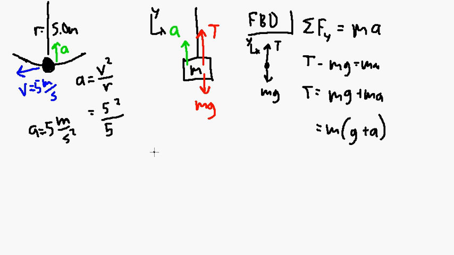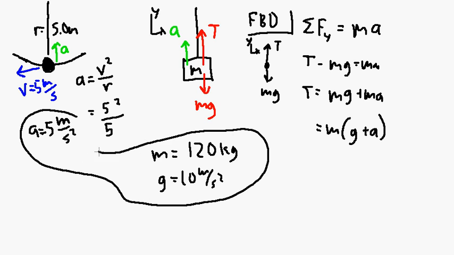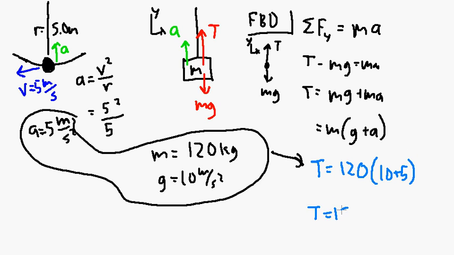The total mass of Luke and Leia was 120 kilograms. I'm going to say g equals 10 meters per second squared, and we found a equals 5 meters per second squared. Plugging those in, tension equals 120 times 10 plus 5. 10 plus 5 is 15, and 120 times 15 turns out to be 1,800 newtons.